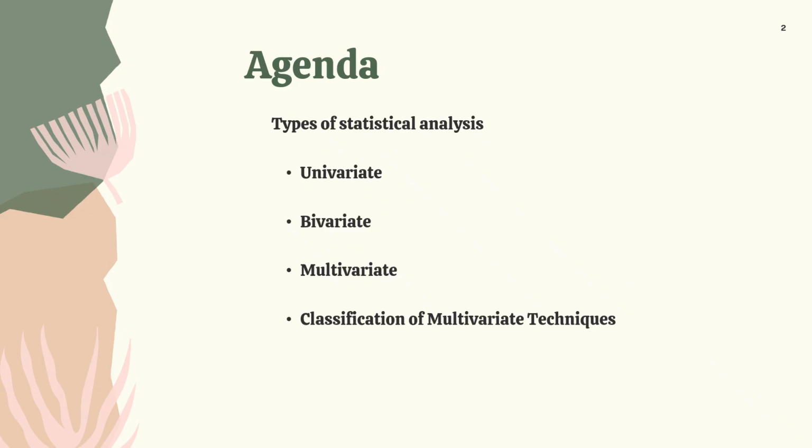Let me begin with a quick overview of what we will be discussing today. First, we will revisit univariate techniques, methods used when analyzing a single variable. Next, we will move to the bivariate techniques, where two variables are studied together to understand their relationships.